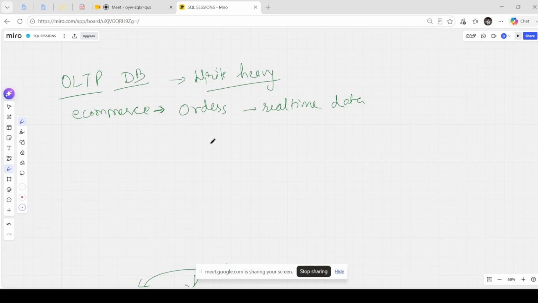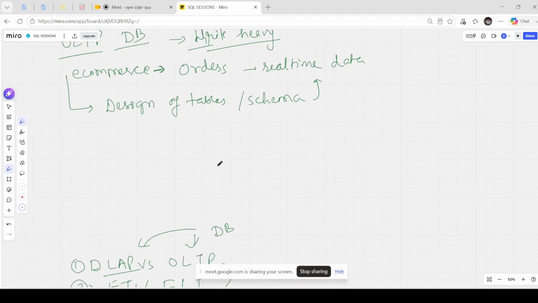It means I do not want a database which is write heavy. The tables and schemas here are designed in such a way that we can have this real-time data, and these are normalized also.